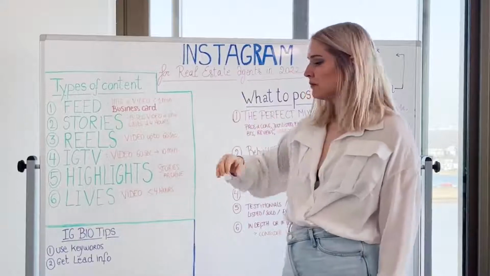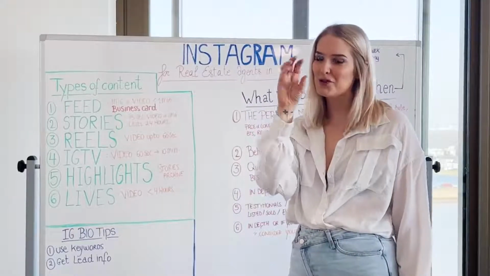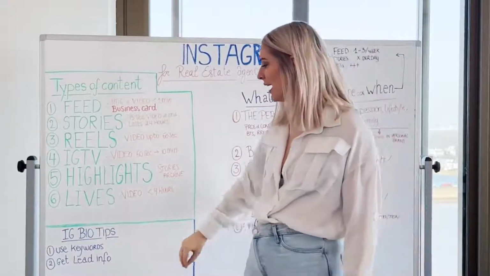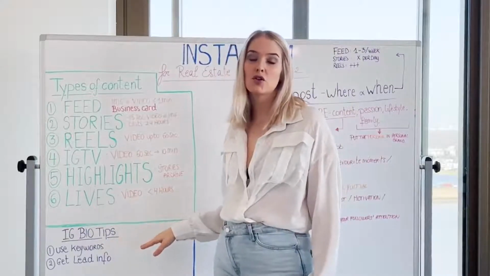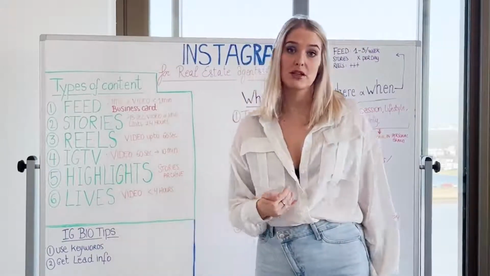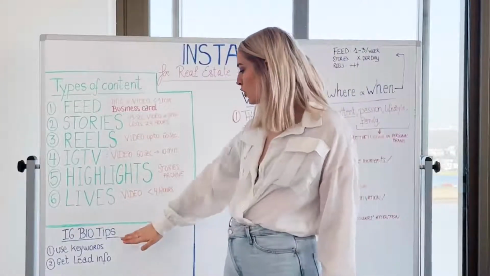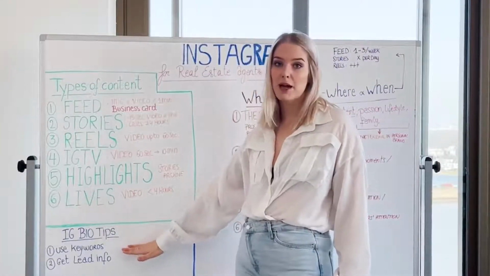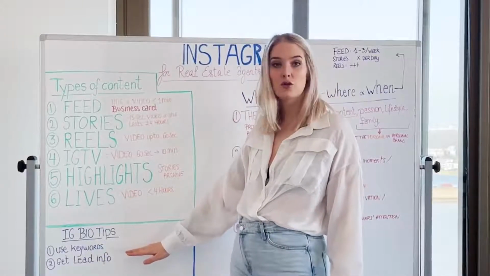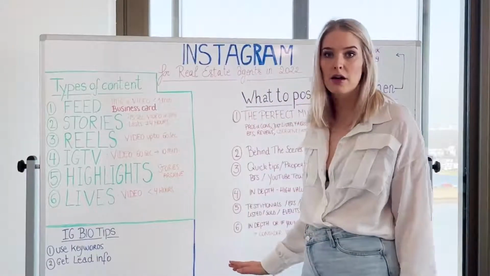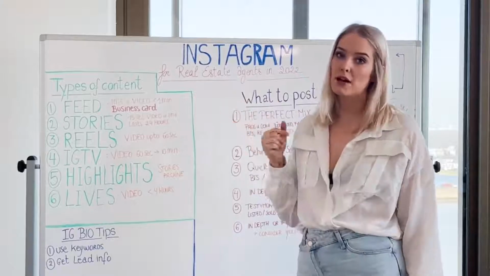But in my actual name, so not the handle, I can start using keywords that I know my ideal client would be searching for in the search bar on Instagram. So for you, please make sure that your name has real estate agent or realtor plus your area. We'll pull some examples of that up on the screen.